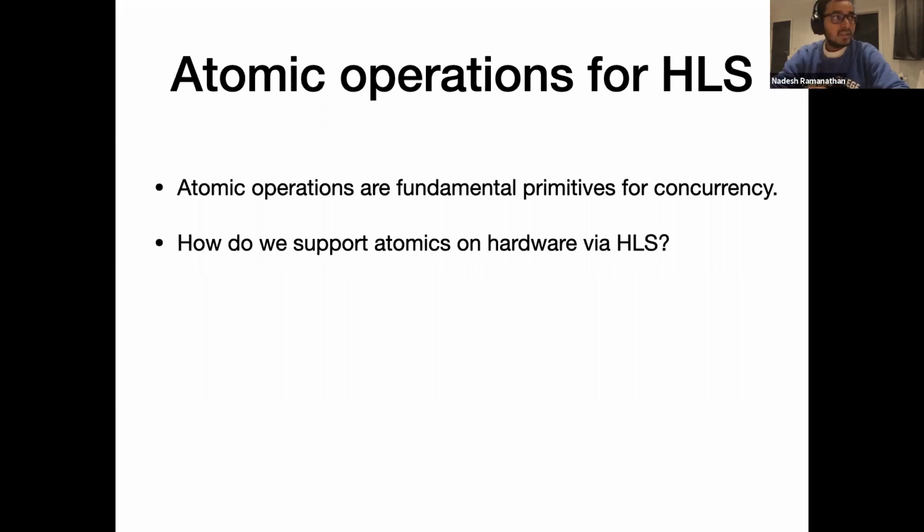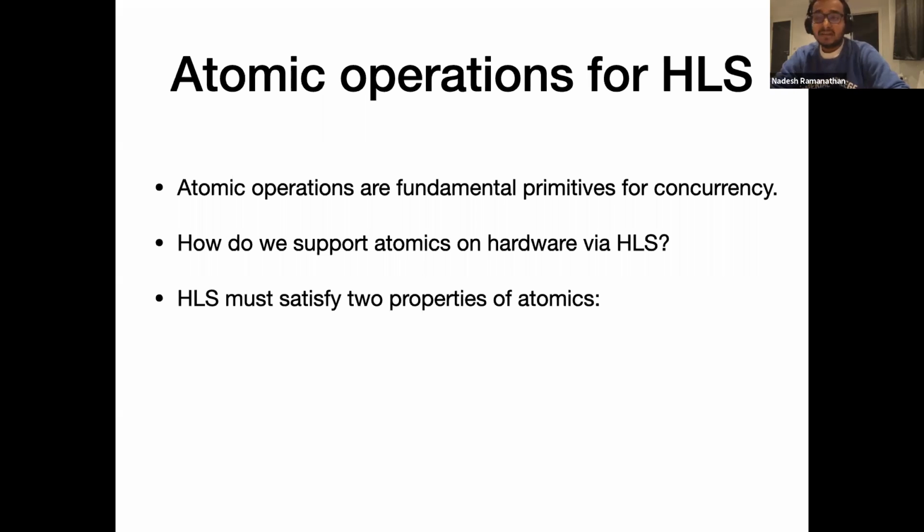The question was then, what do we need to support atomics on hardware? Let's look at 2 properties that atomics require. The first property is that the atomic access must be indivisible. That means no other operation can come in between, and all threads should see the updates at the same time.